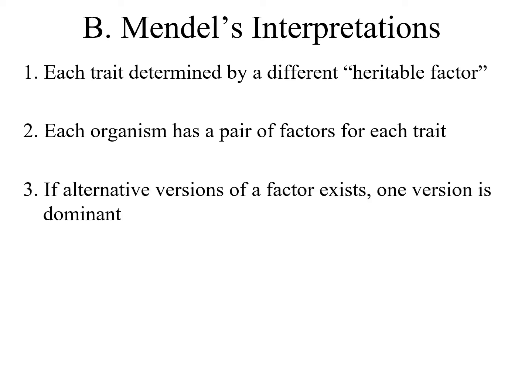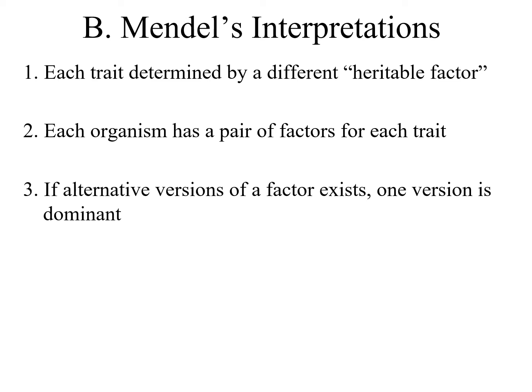A third interpretation was that although an individual has 2 factors for each trait, there may be different versions of that factor out there in the population. And if alternate versions of a factor exist, one version is dominant to the other.